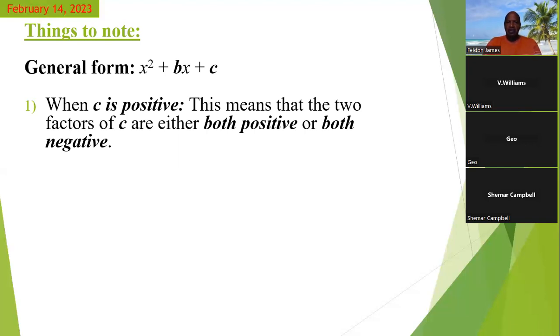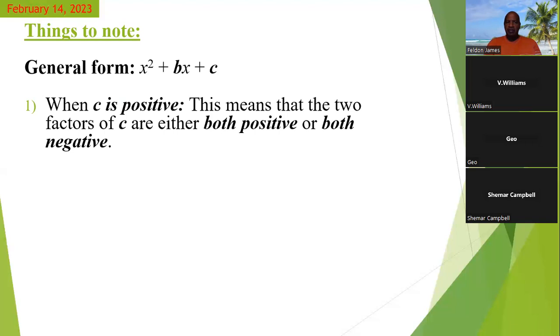So the first thing to note is that when c is positive, when that last term, the product of the two factors that give you that last term, is a positive number, it means that both of the factors that multiply to give you that last term can be either two negatives or two positives. So they both can be positive or they can both be negative.